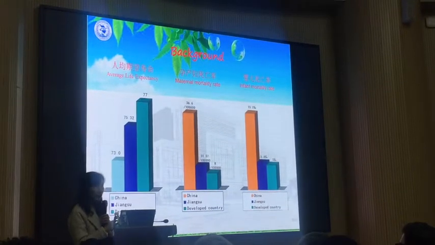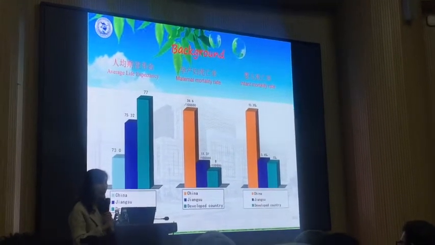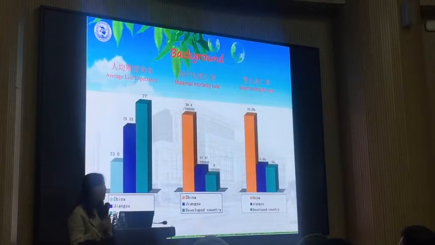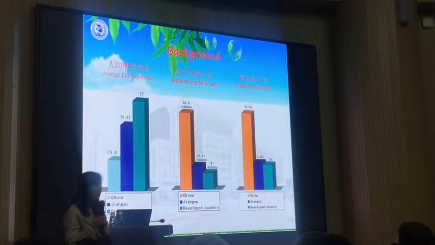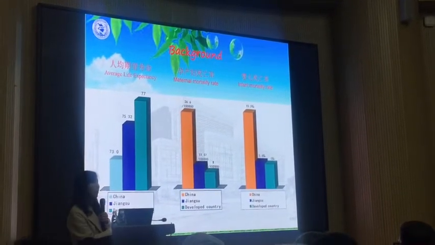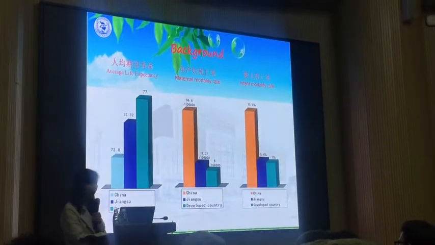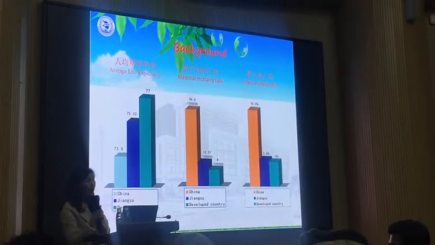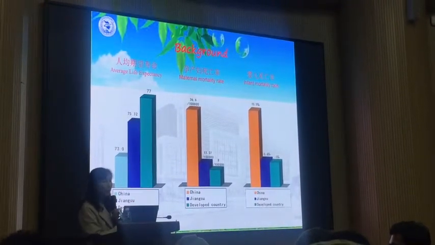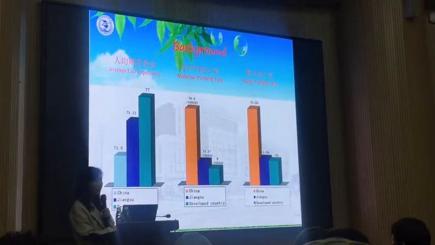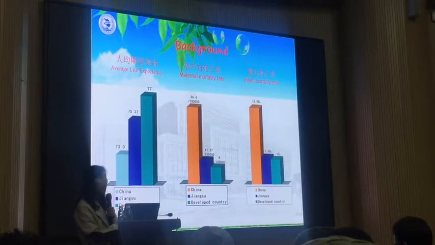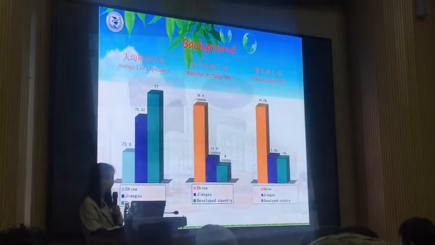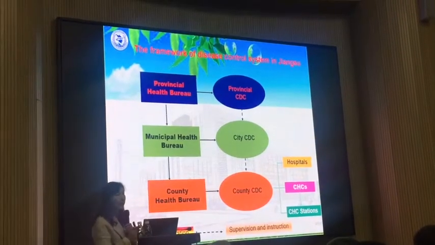And the maternal mortality rate of Jiangsu province is much lower than that of the average level of China, and a little higher than that of developed country. And for the infant mortality rate, we also can see that the rate of Jiangsu province is much lower than that of China.